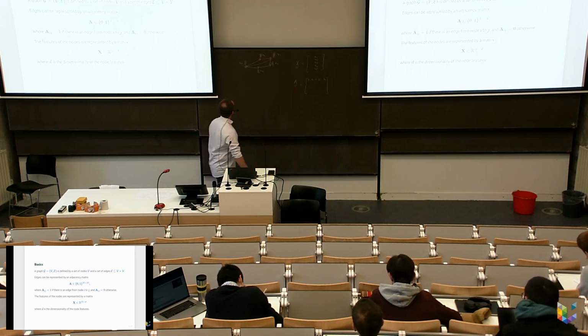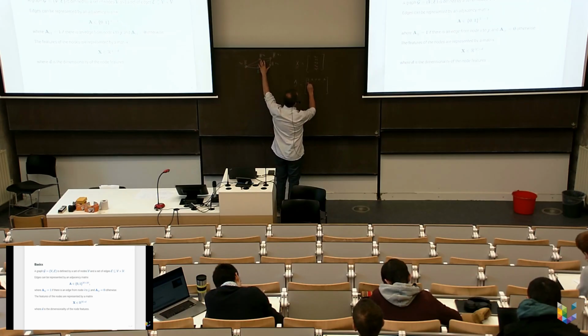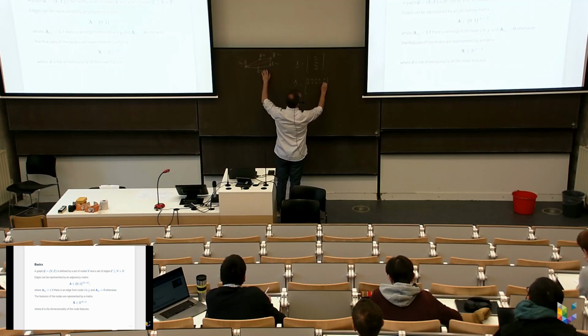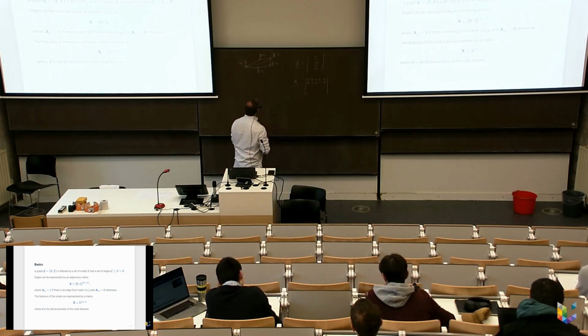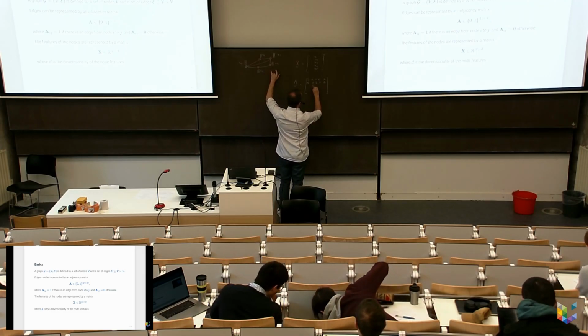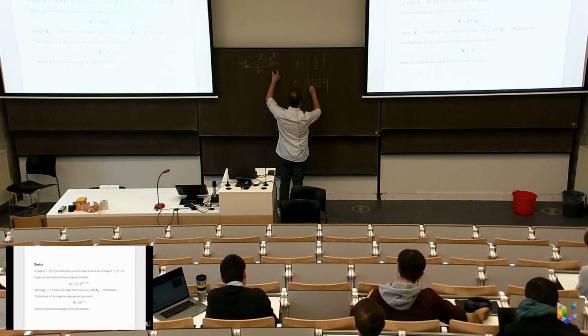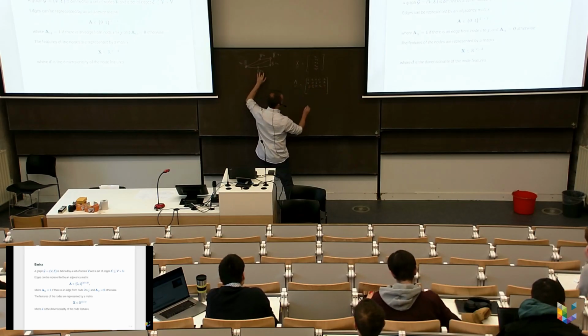All right? Then node 2 would be connected to 1, 3, and 5. Node 3 would be connected to 2 and 4. Node 4 is connected to 5 and 3.